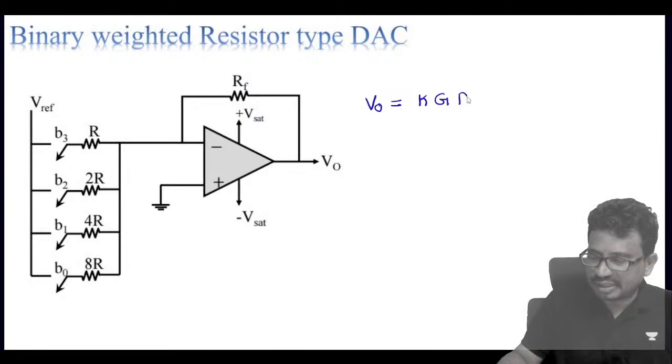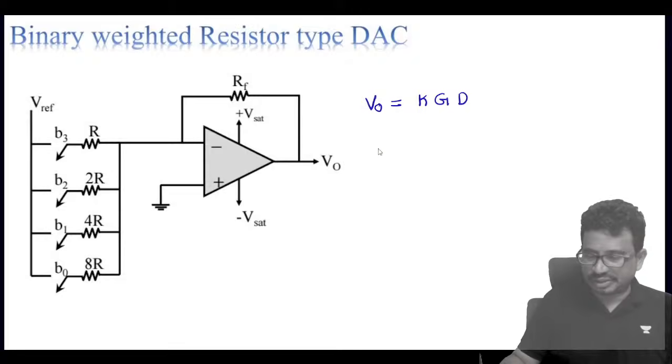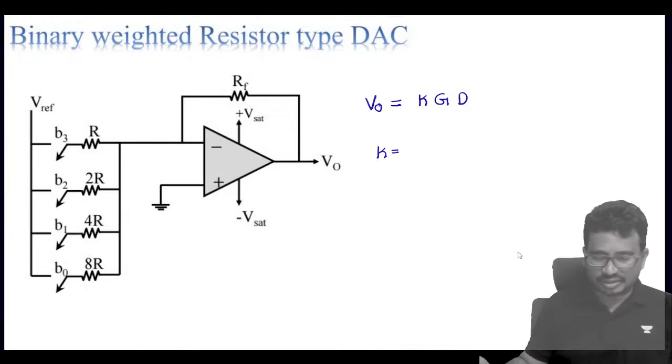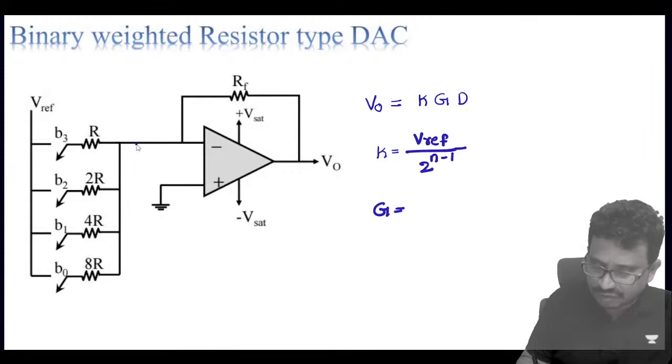K into G into D. What is this? Tell me now. K is the resolution. And this is what type of DAC? Weighted resistor type DAC. Now in this case, K, the resolution, is given as V reference by 2 power n minus 1. And G is the gain. The input is given to which terminal?